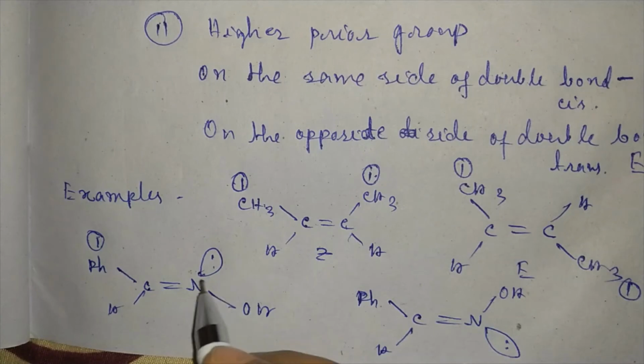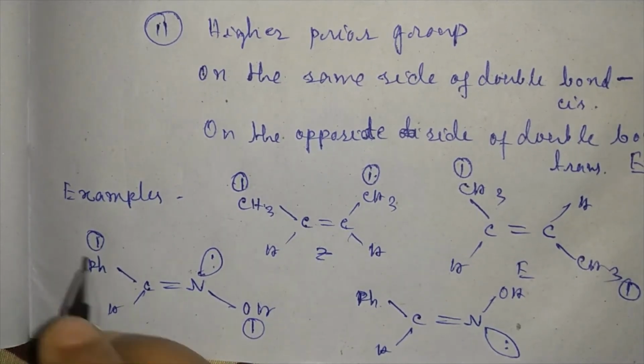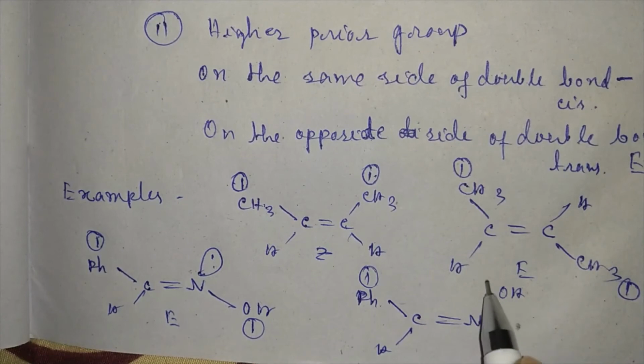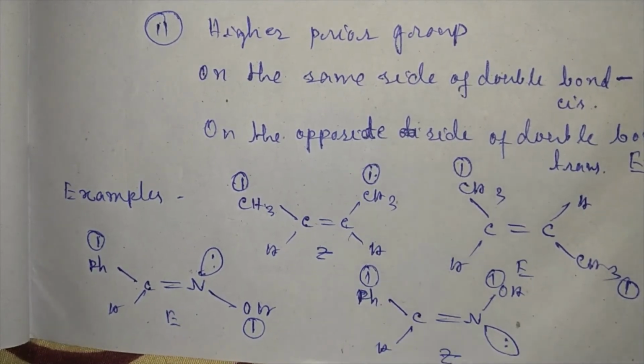We can consider the lone pair as the lowest priority group, so the other will have higher priority. So these two are on opposite sides, so it is called E. And here, these two are on the same side, so it is called Z.